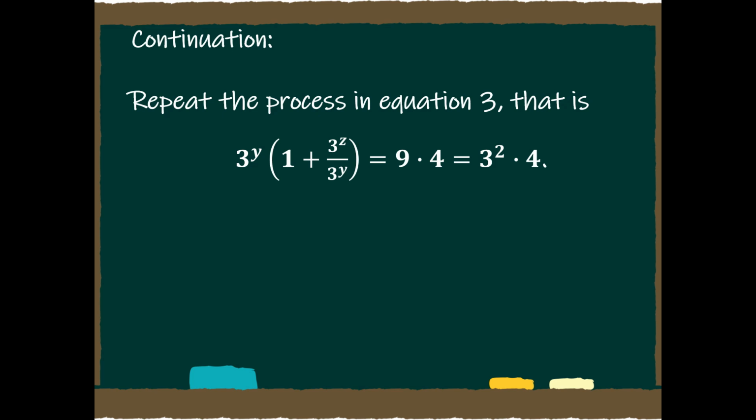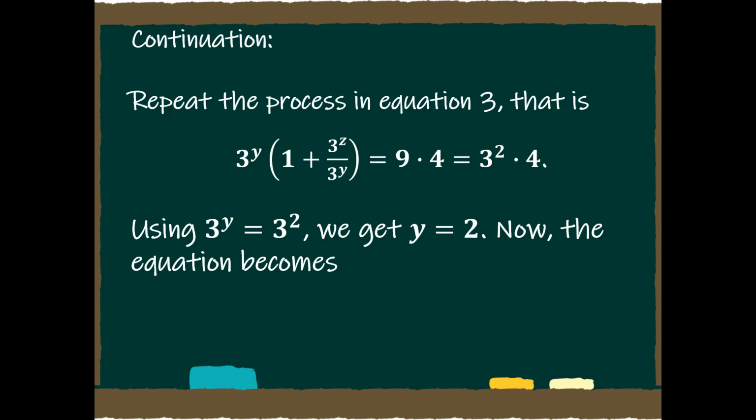And this 9 times 4 can be written in exponential form. This 9 is 3 raised to the second power times 4. Again, 3 raised to y can be equated to 3 raised to 2. Just like in the first step, equating 3 raised to y to 3 raised to the second power does not have any effect on the equation.